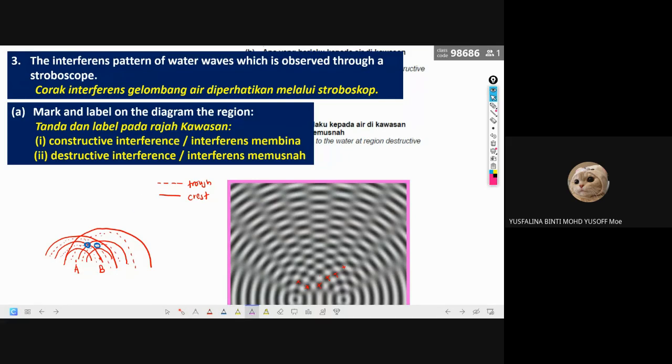This will cause the destructive. So whether a dotted line meets a dotted line or a straight line meets a straight line, that one we call constructive. While destructive is where the dotted line meets the straight line like that. So it will produce destructive interference, because later you need to label it.